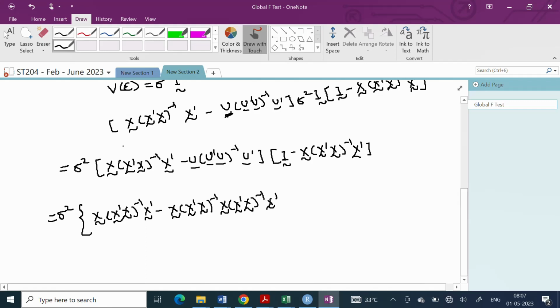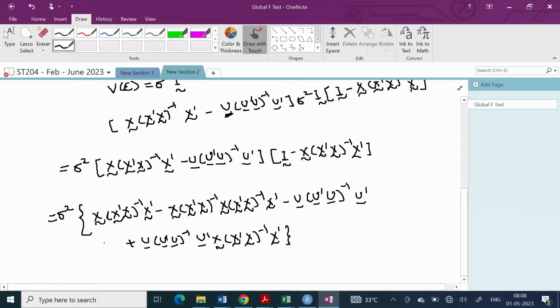So I am taking the product of this with the second entry here, then the product of this with the first entry here becomes minus u (u prime u) whole inverse u prime, and the product of second terms from both the brackets becomes u (u prime u) whole inverse u prime into X (X prime X) whole inverse X prime.